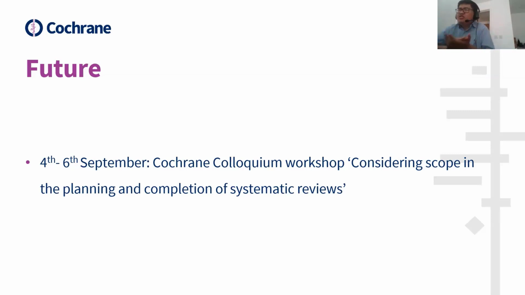As I mentioned earlier in the presentation, the way you set your scope can impact how review updates are done moving ahead, and hopefully review updates are informed by previous iterations of a review.